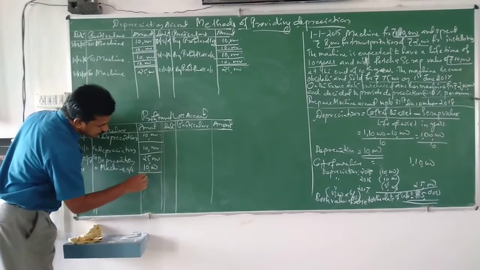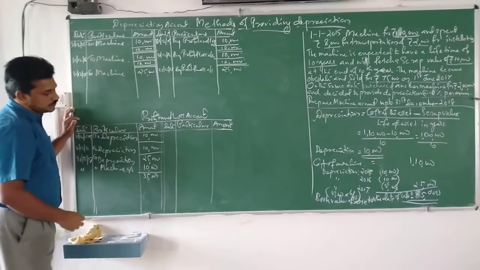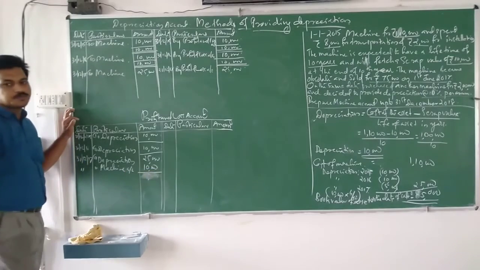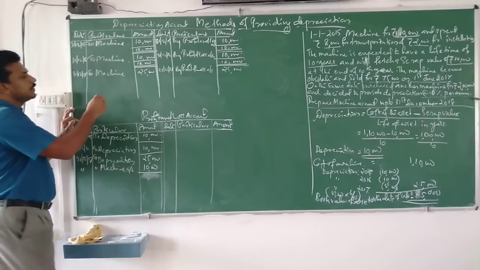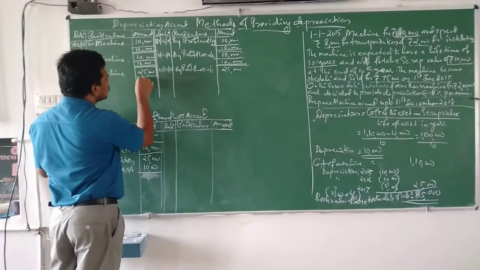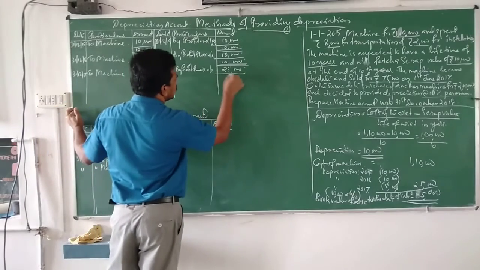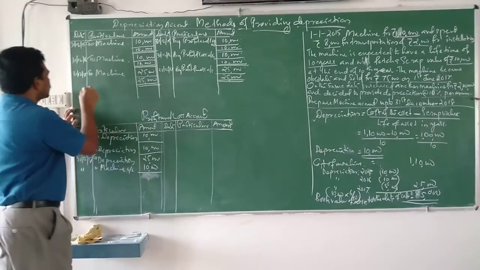So total that year it became 35,000. Anyway, that can be closed like this. Next, one more year we have to prepare. So this can be closed, 25,000. Here also 25,000 closed.